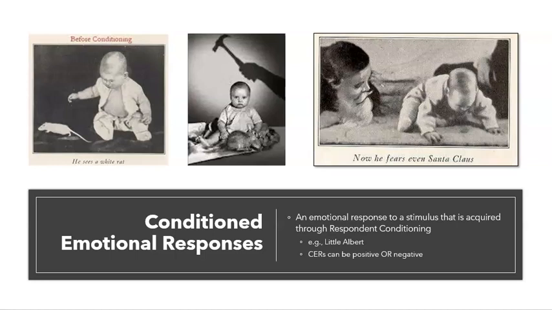That might not have actually been his name, but they always refer to him as Albert. And he was chosen because he was a very curious baby. He didn't seem to have any pre-existing fears. So they wanted to see, well, how can we condition him to have these fears? So something that's not a natural fear for him.